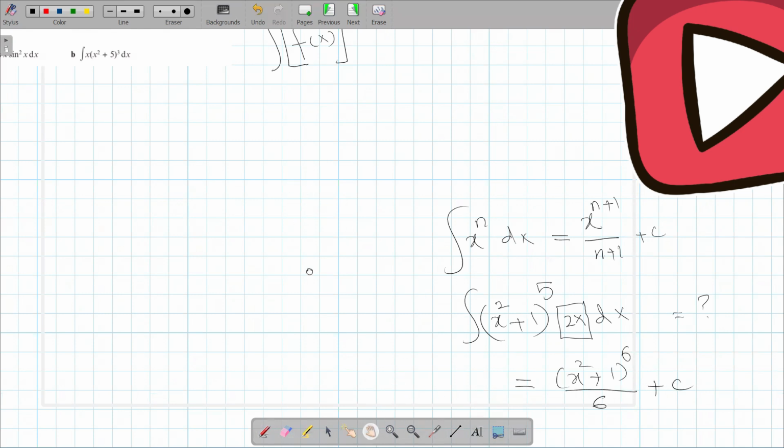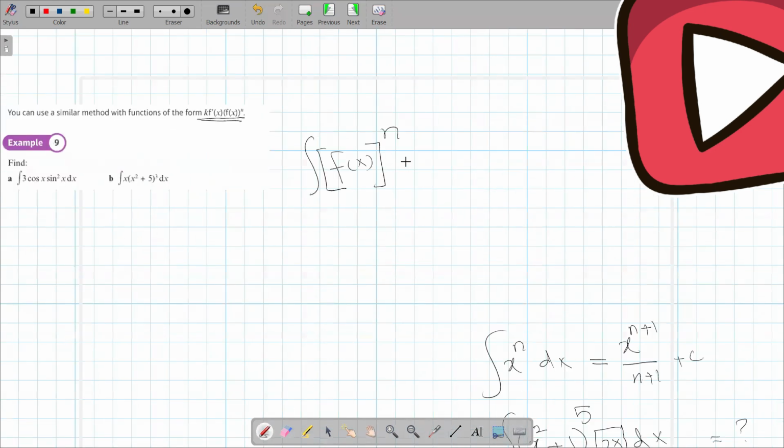So similarly, generally, if we have a function raised to power n, then the derivative should be present here. If the derivative is present, then we can simply integrate the same way. So here we will use this formula.